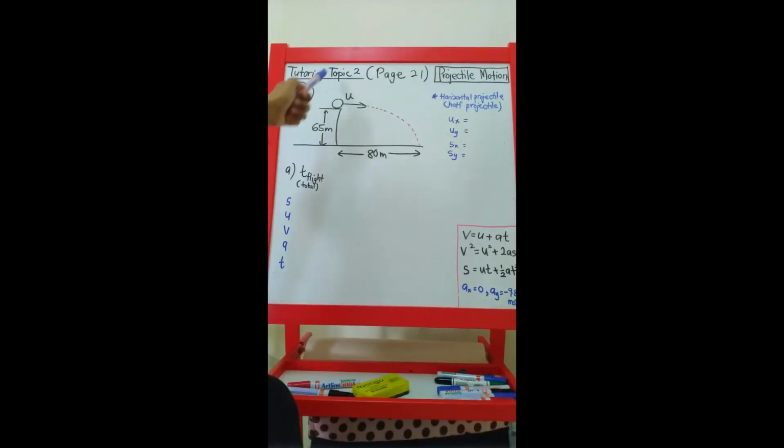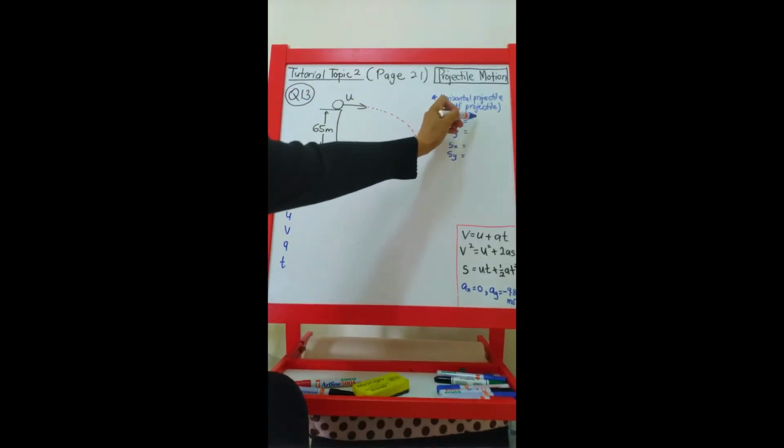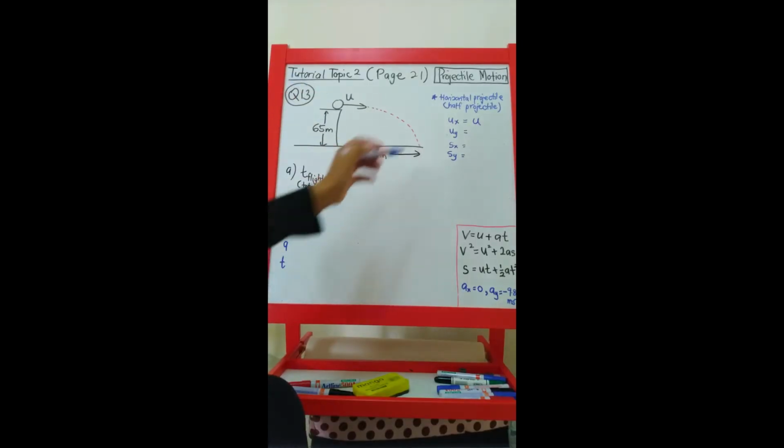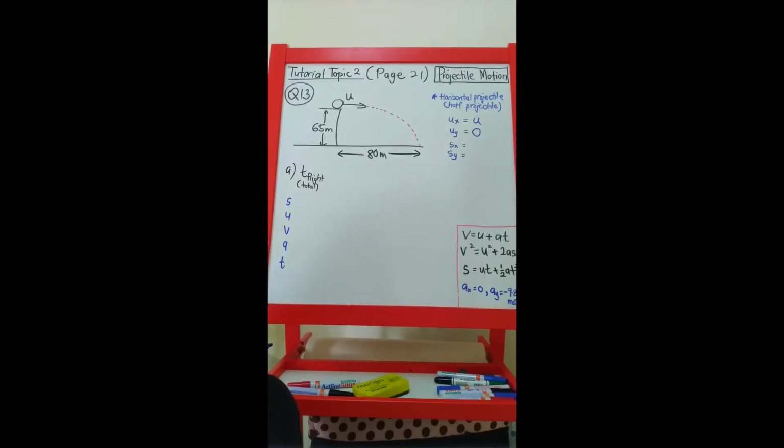So from this, automatically you can know the Ux and Uy. Ux is basically U here, so write down U, and Uy automatically is equal to 0. This is very important.